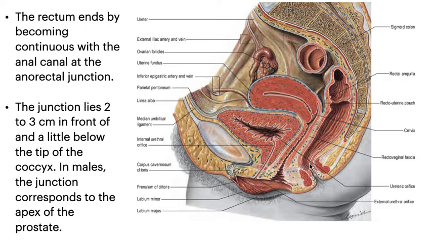Now, this junction is lying about 2 to 3 centimeter in front and a little below the tip of the coccyx. In males, this junction corresponds to the apex of the prostate gland.